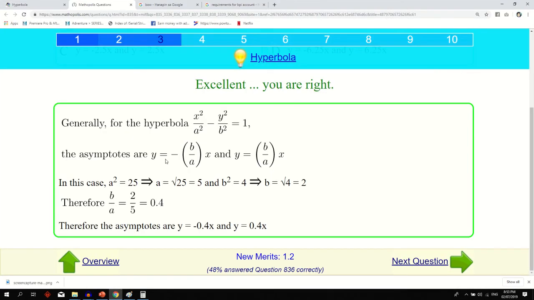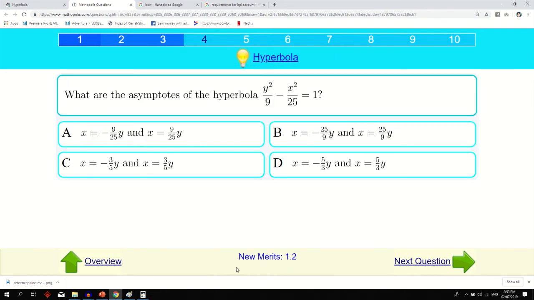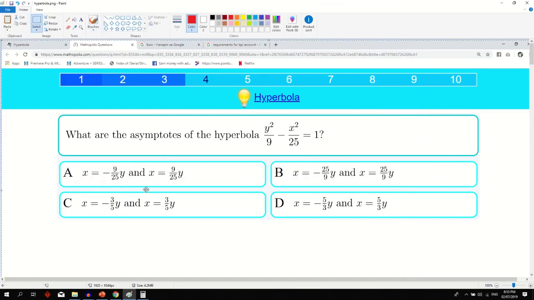All right, very good. Okay, so next question, please. We are at 48%. Nice. So here, what are the asymptotes? This one is tricky.